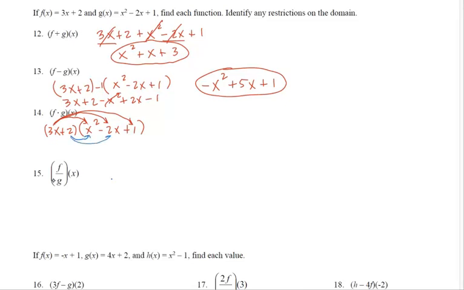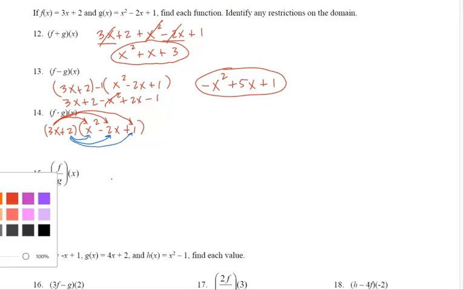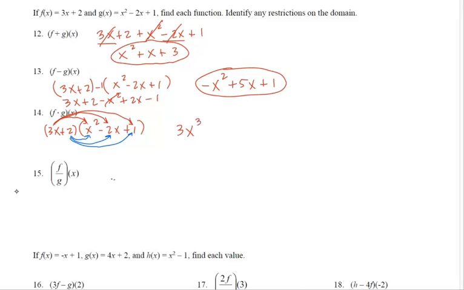So we'll do separate. We'll just color code those so you can kind of follow. So the 3x being distributed would look like this. 3x times x squared is 3x cubed. 3x times negative 2x is negative 6x squared. 3x times 1 is 3x.